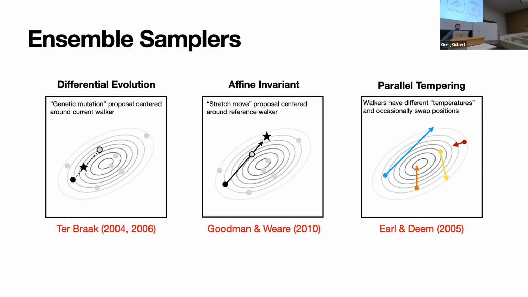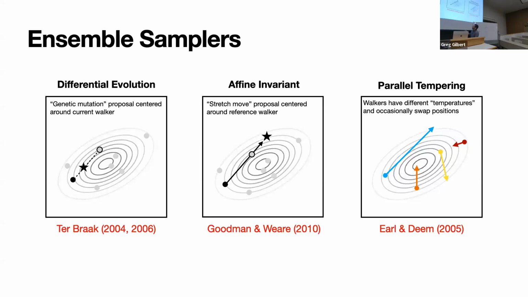All right. And then there are ensemble samplers, right? And these all use various different ways of getting these walkers to talk to each other to make smarter proposals. So differential evolution and affine invariant sampling are conceptually fairly similar. They use these genetic mutations or stretch moves where essentially you take this one walker here, right?